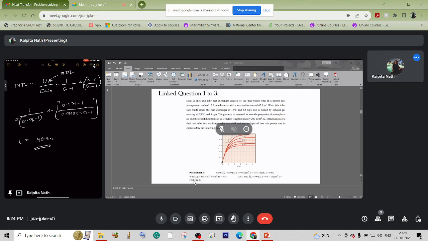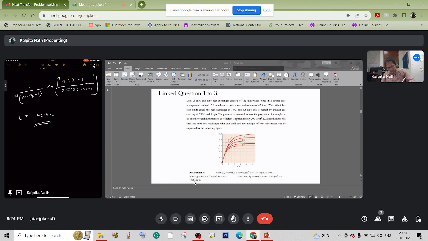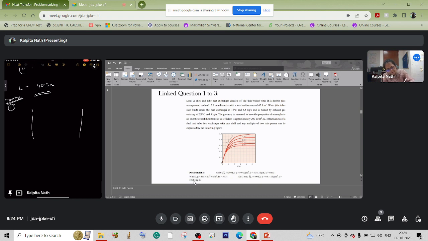Okay, so let us proceed with the first part of this problem. First and second part we can proceed together as well. So for question number 1 of today's class, the inlet temperature of the hot fluid is 200 degrees Celsius and the outlet temperature we don't know, right?